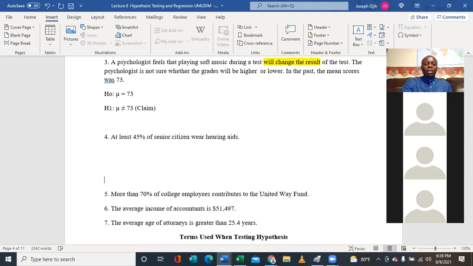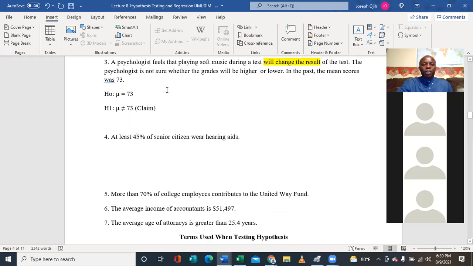Now, sometimes it might not be testing for a mean. It might be testing for other things like a percent or proportion. Like here it says, at least 45% of senior citizens wear hearing aids. So in this case, we are not talking about mean.